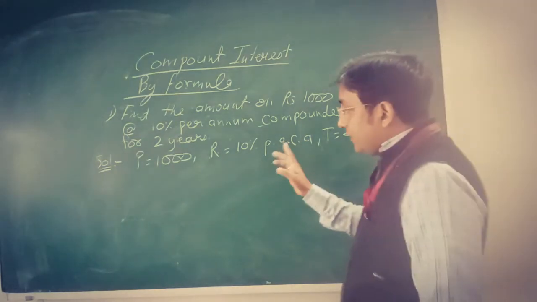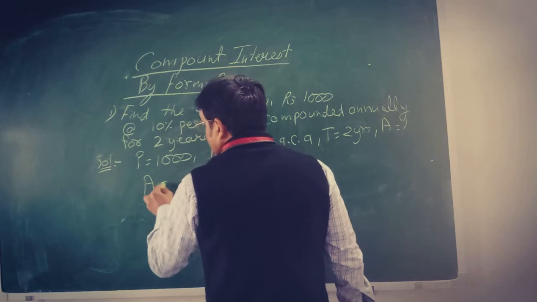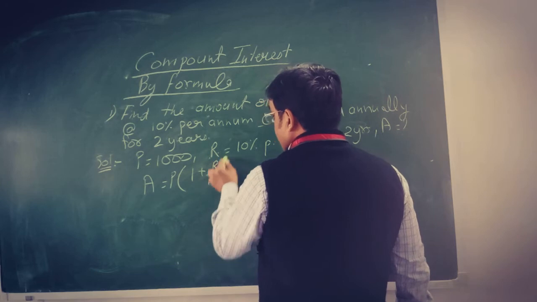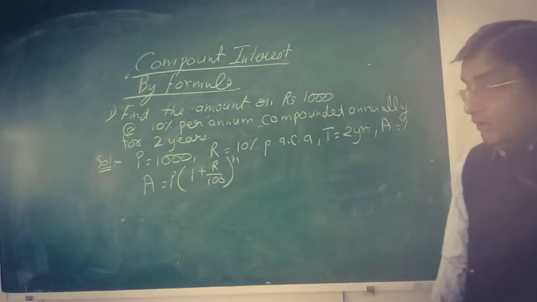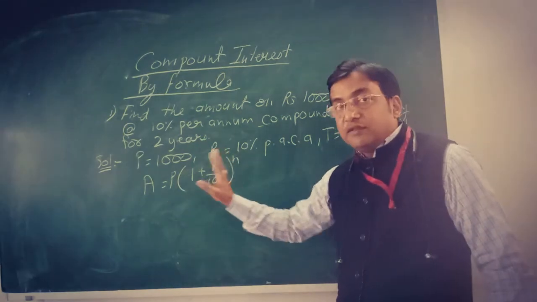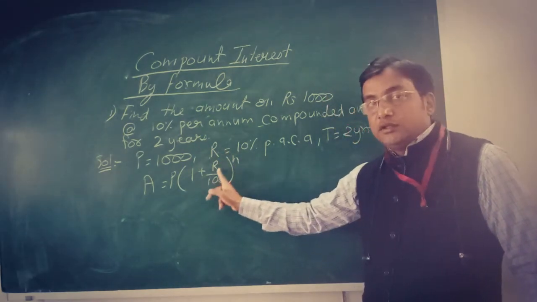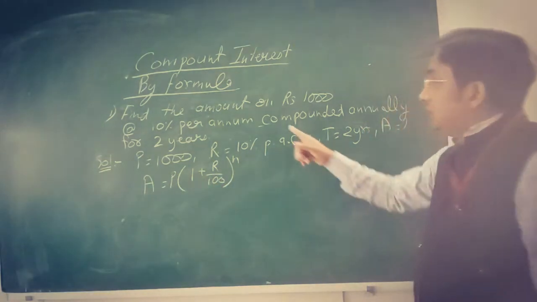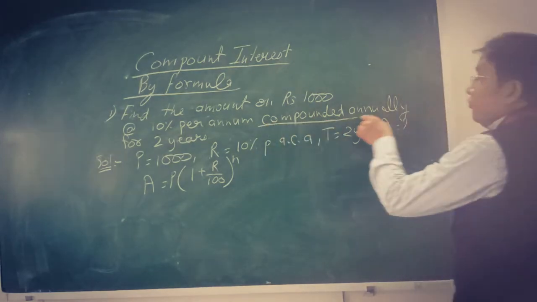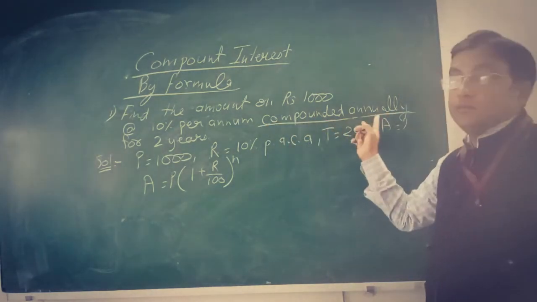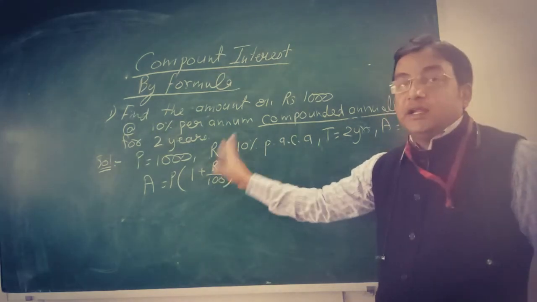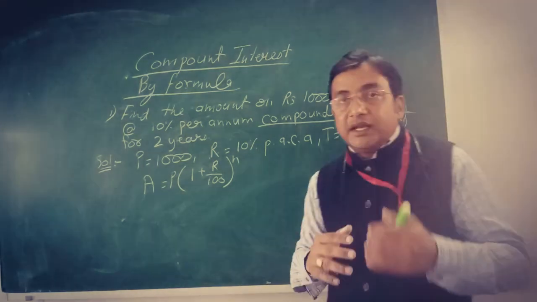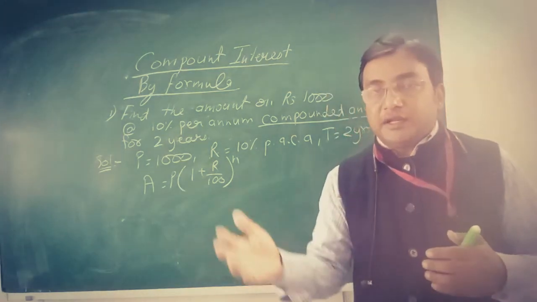We have to use the formula A equals P (1 plus R over 100) raised to the power n. Nothing else changes, only R and n. These two words will tell you how R and n will be. Compounded annually means your money gets interest after 1 year.